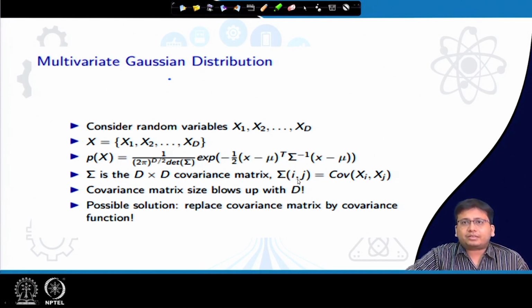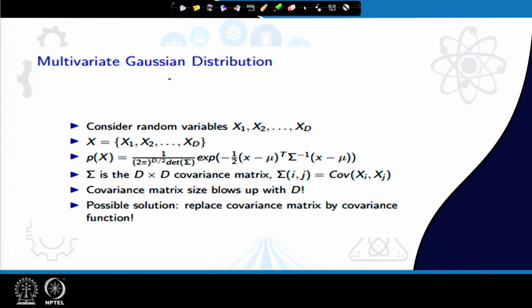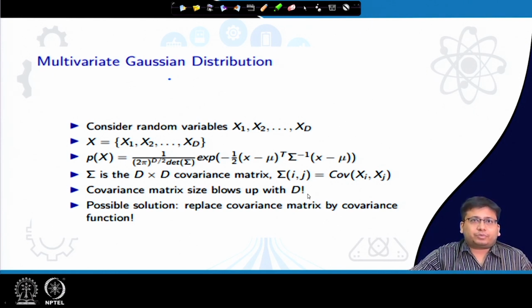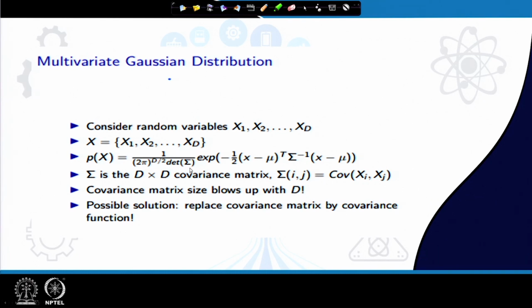And you can understand that this is going to be a symmetric matrix, because sigma ij must be equal to sigma ji, because covariance of xi xj is same as covariance of xj xi, right. And not only is this covariance matrix symmetric, but you can actually show that it is positive semi definite. Okay. And because of that property, you can always define its inverse in this way. It is an invertible matrix, and its determinant will also be non-zero.